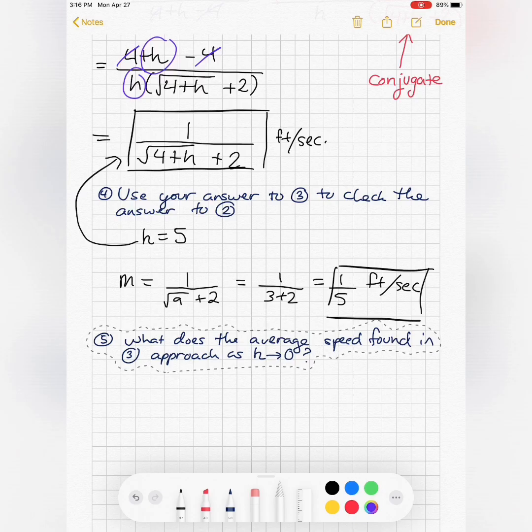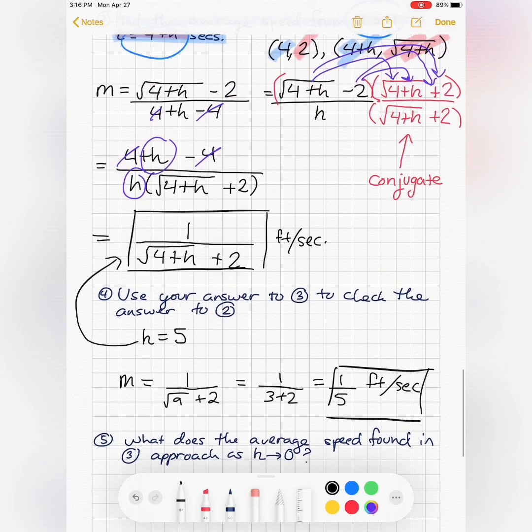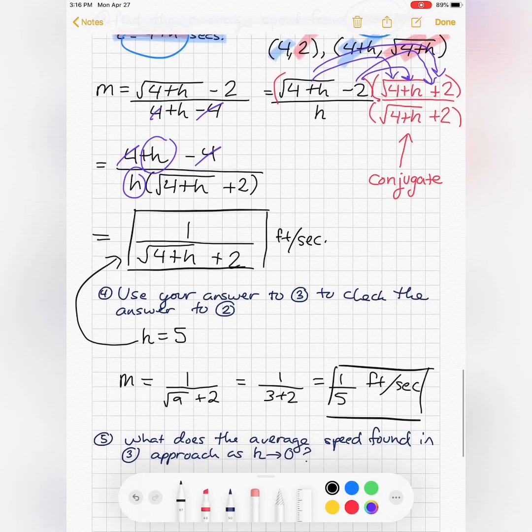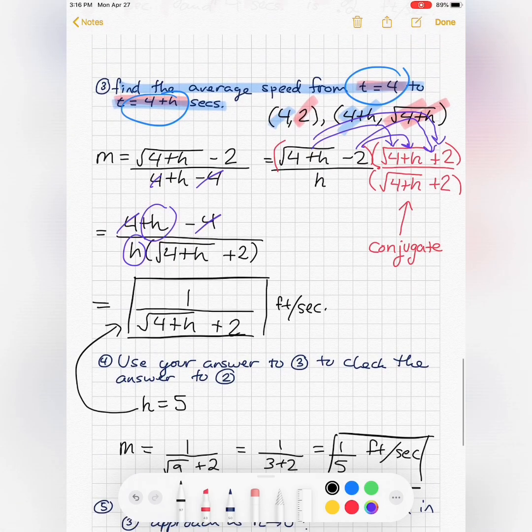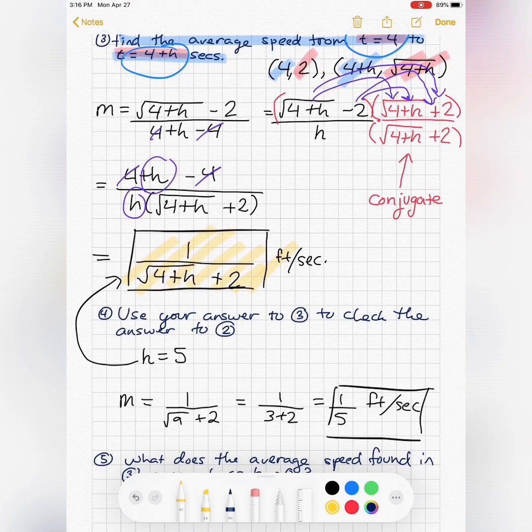What does the average speed found in part 3 approach as h approaches 0? Okay, so here's the average speed found in part 3. What happens to that as the h gets close to 0?